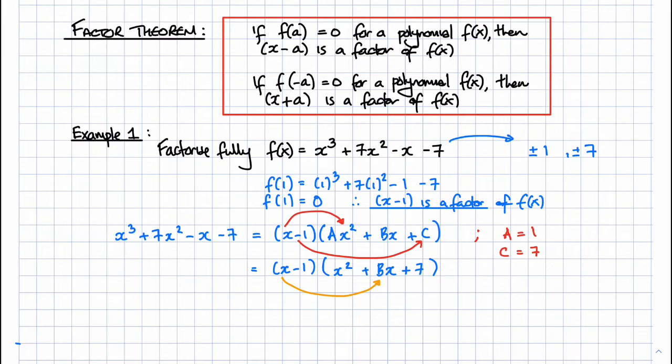So that's an x squared term. But I can also obtain an x squared term if I multiply these two terms. That gives me negative 1x squared. And if you were to expand the whole thing out, you will find that these are the only two x squared terms that we will obtain. So we're going to compare these x squared terms with the x squared term on the left hand side.